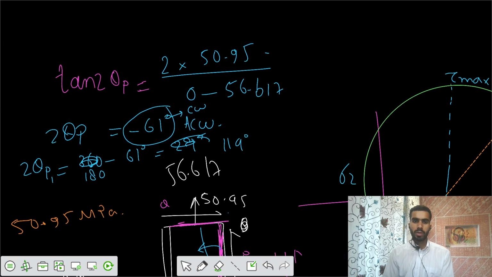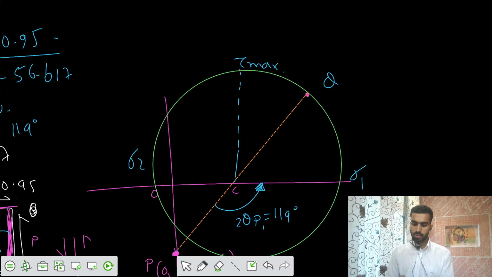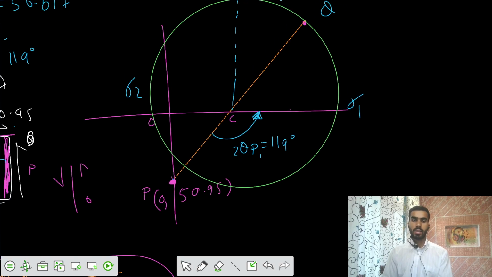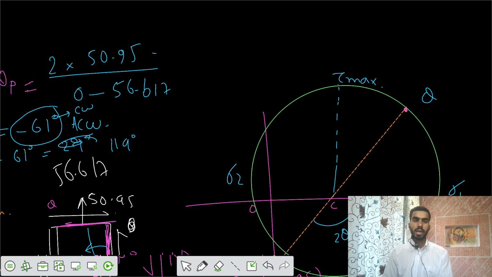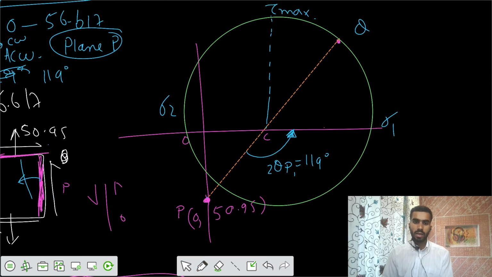Now one more thing. If I got this minus 61 degrees, this is minus 61 from the plane P. That means actually that minus 61 is this part.